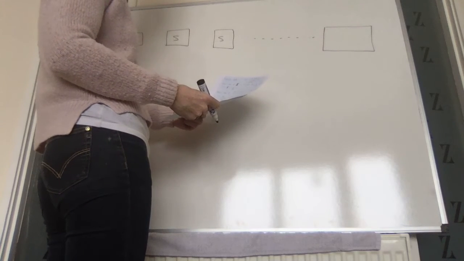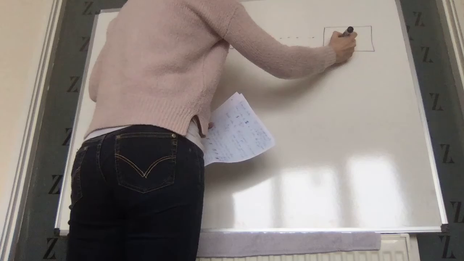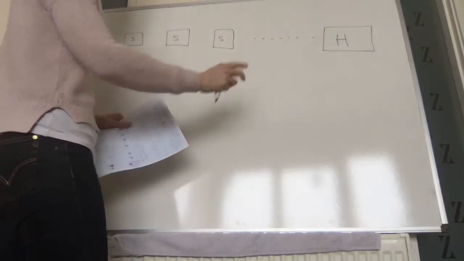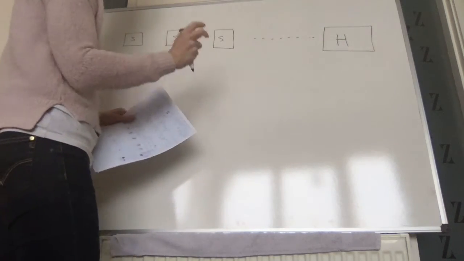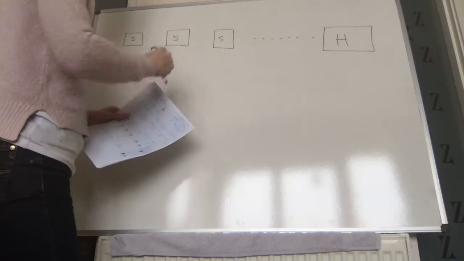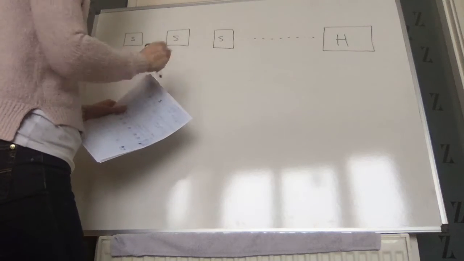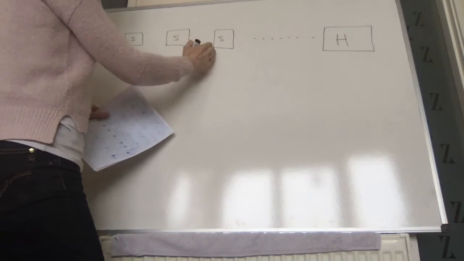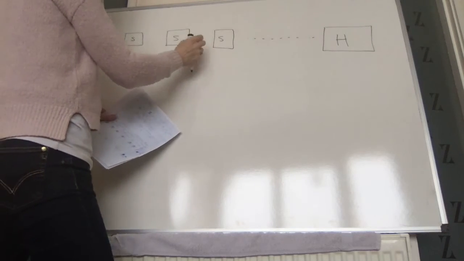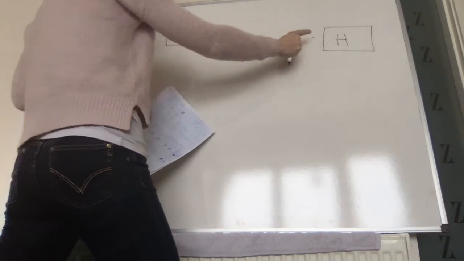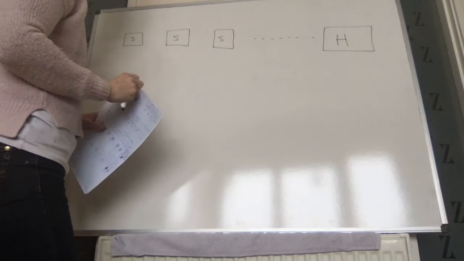We can call that amount of money H, say for your holiday fund. You know that in a year's time you're going to have to pay a certain amount of money for that holiday. You want to put away regular amounts in a regular time frame, so that at the end you will have H for your holiday.